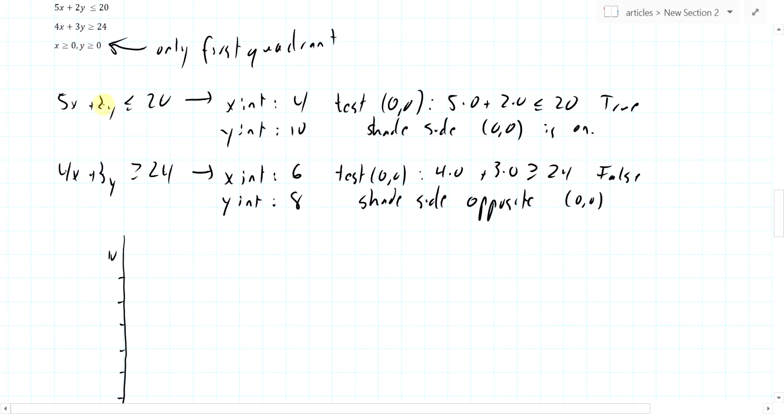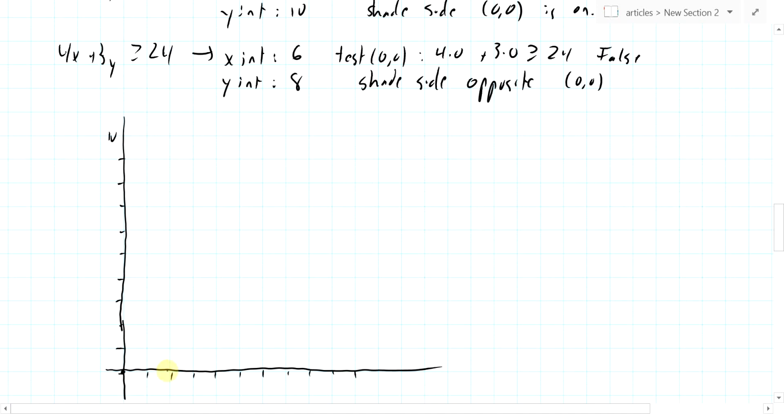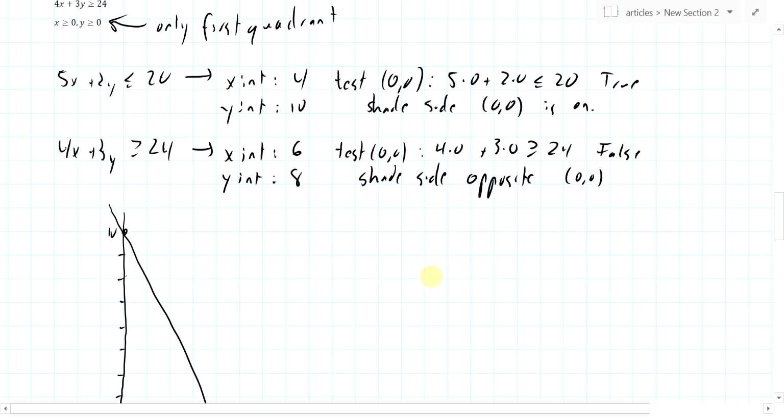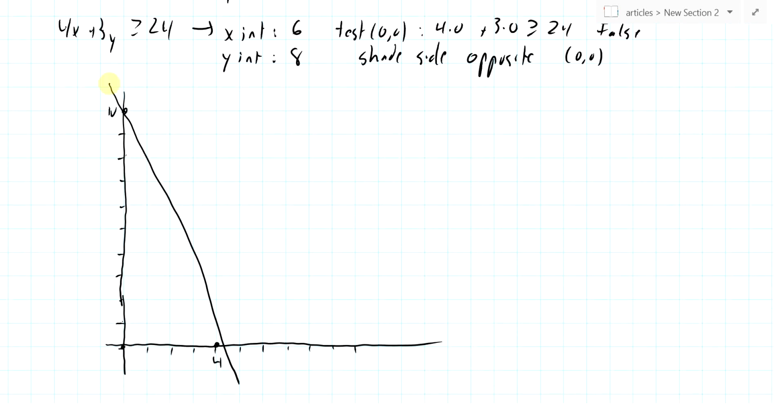The first line, 5x plus 2y less than or equal to 20, x-intercept of 4, y-intercept of 10. 1, 2, 3, 4 is here, and 10, like we said, is up there. So this should go through there, but close enough. And we shade the side that 0, 0 is on. So we're going to shade over here. So we'll put a couple of shading marks in there.